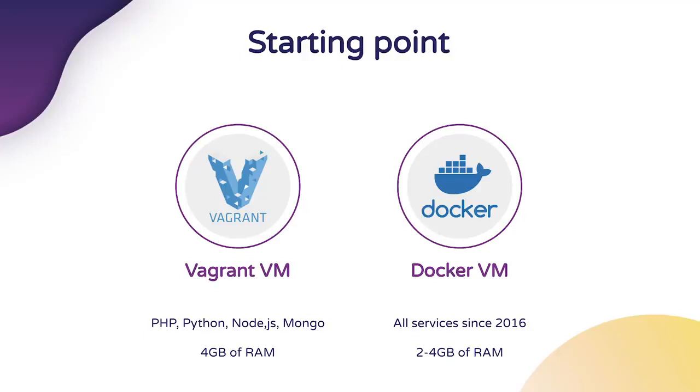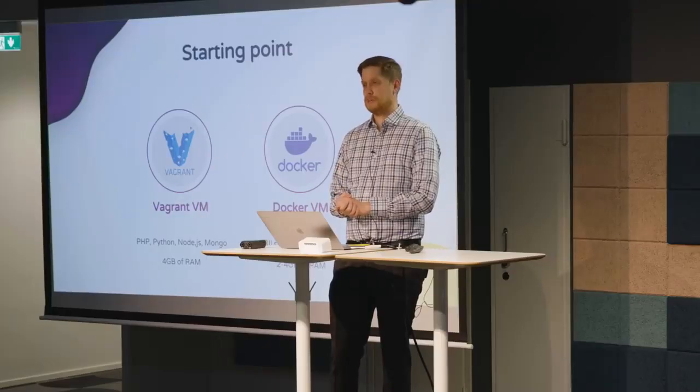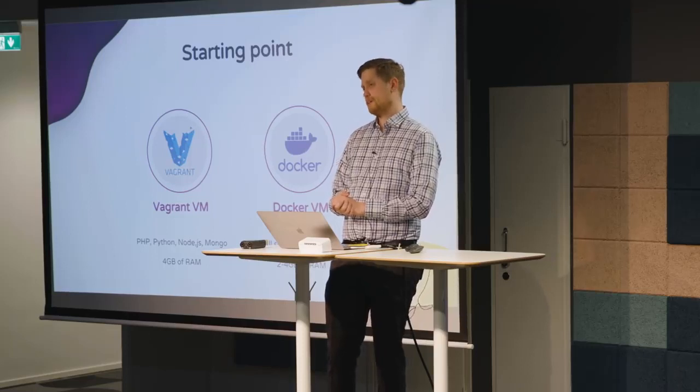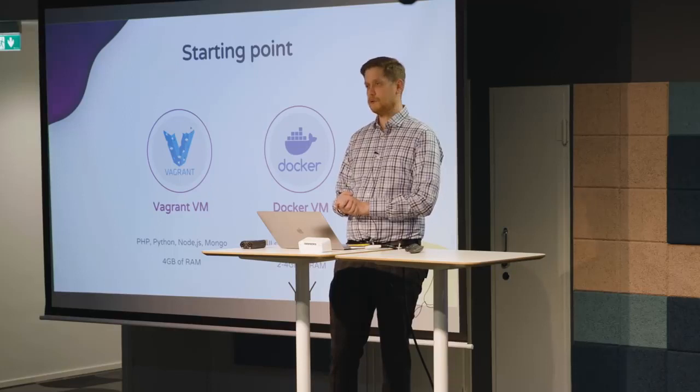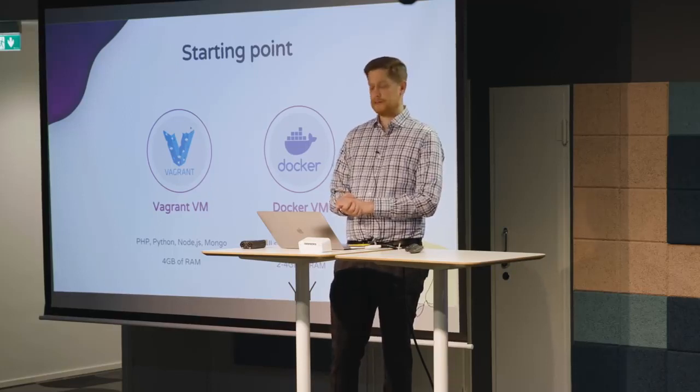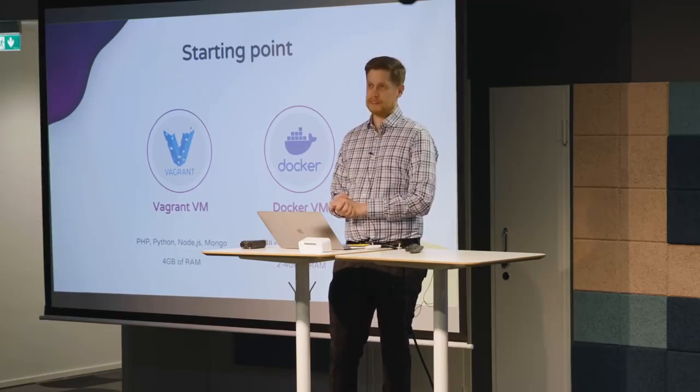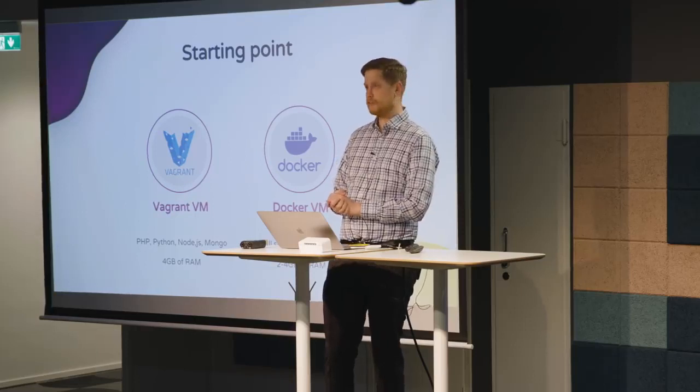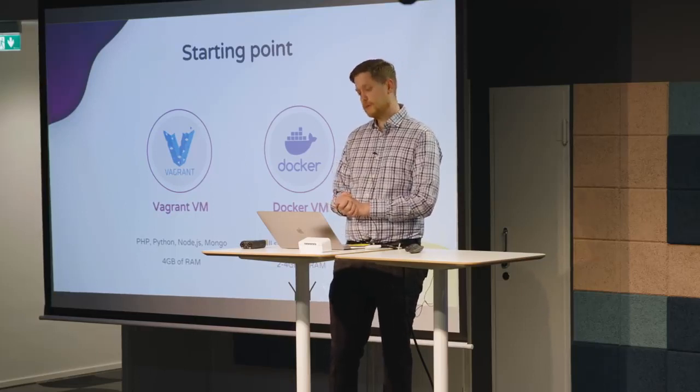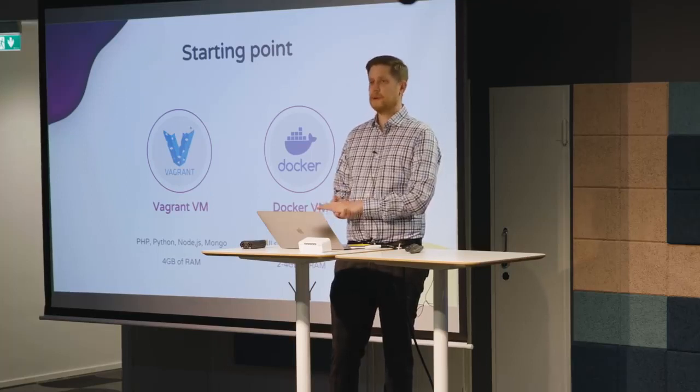And where we started from, or historically the first thing we made, was a Vagrant-based virtual machine that was running our PHP monolith and then some Python and even Node.js code, and had a MongoDB database, at one point also Postgres. So it was quite a lot of stuff, and it was also quite easy to mess up.